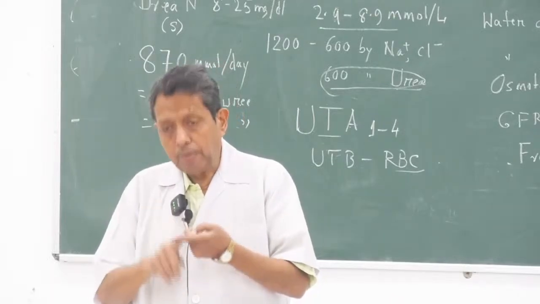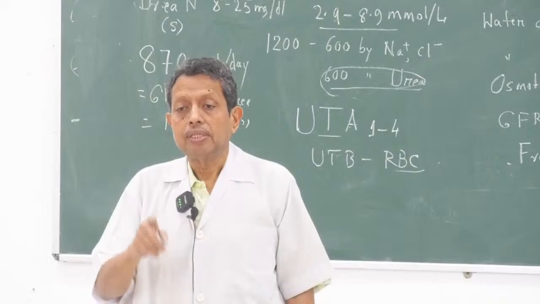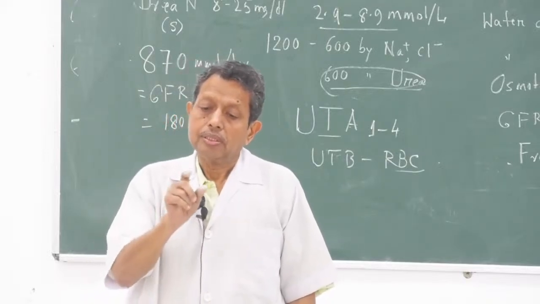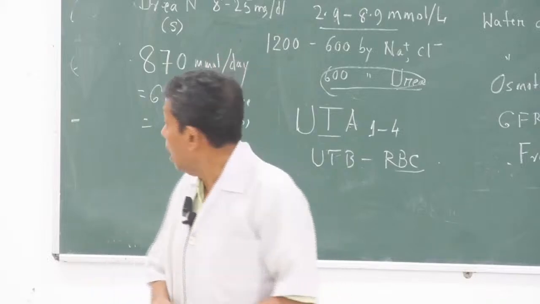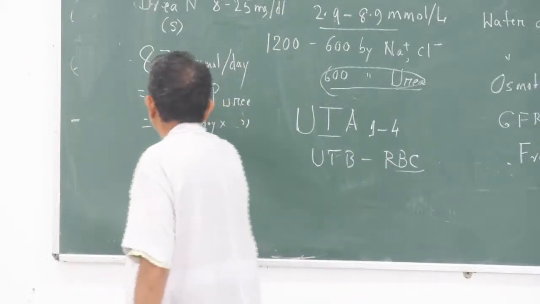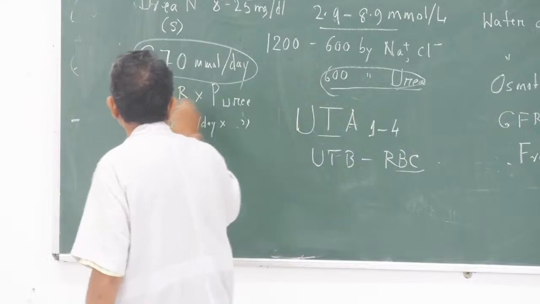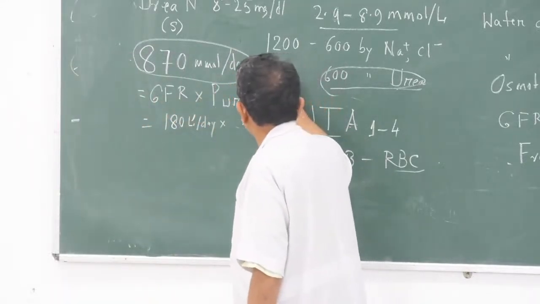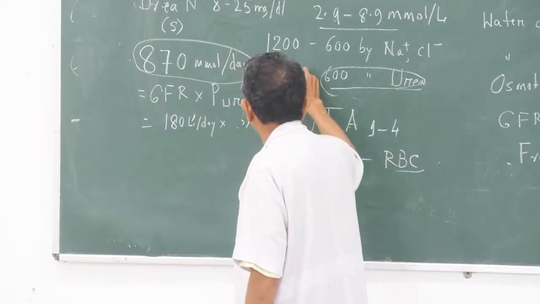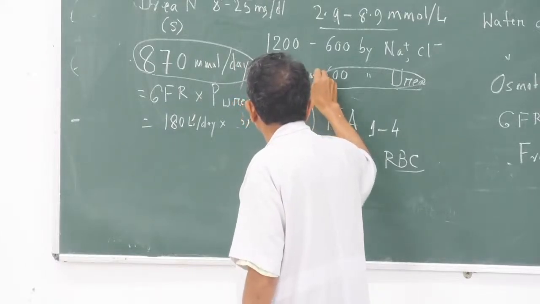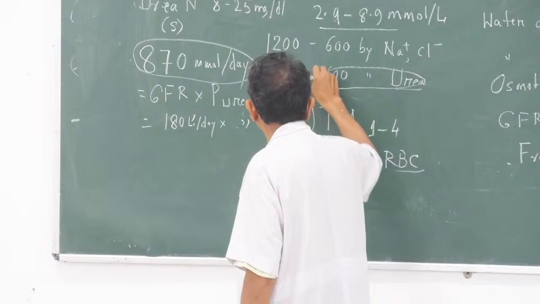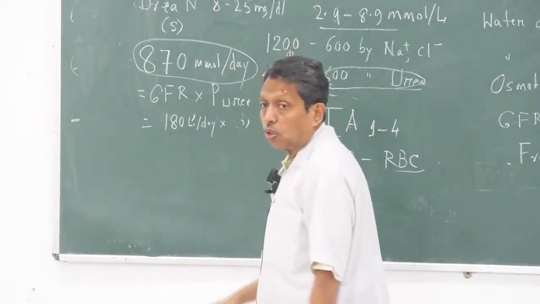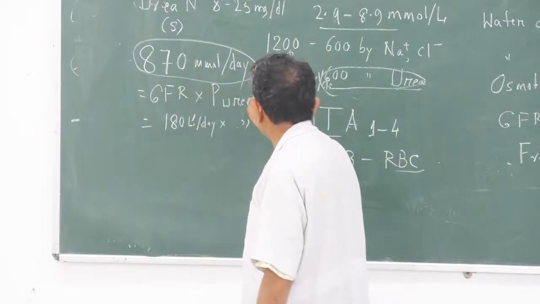And it is the behavior of a substance that is filtered and dealt with by the kidneys. Now, of this filtered load, it is reabsorbed passively, 60 millimole per... So excreted is this value.